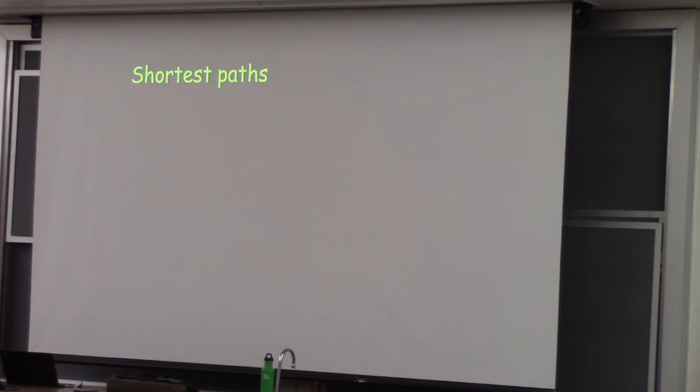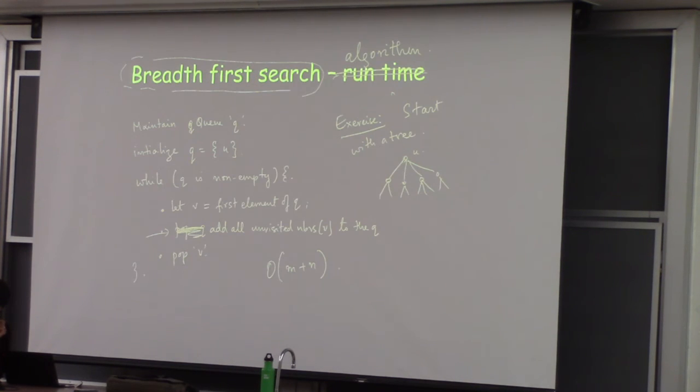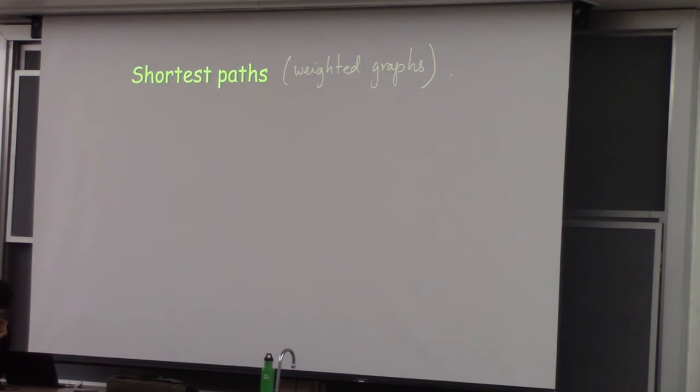I think I got the order wrong, but let me first state the shortest path problem. This is for weighted graphs, which we'll see in a bit. The problem is very similar to what we saw before, but edges have weights.